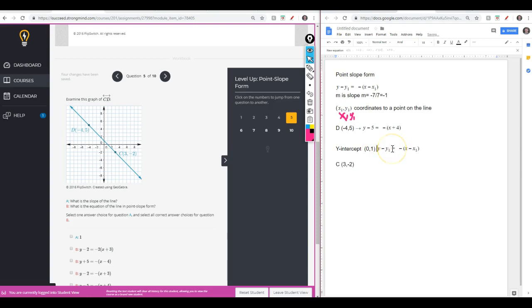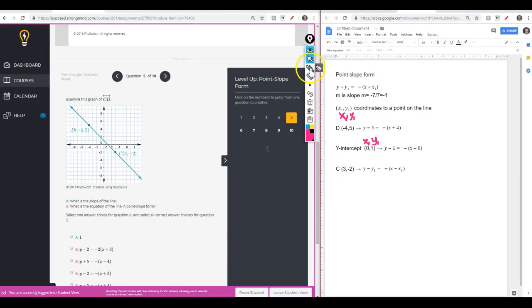The next equation is for our y-intercept. The x-coordinate is again x1, and the y-coordinate is again y1. It's just saying this is our first x and this is our first y. So y1 we're going to replace with 1, and x1 we're going to replace with 0. So that's that equation.